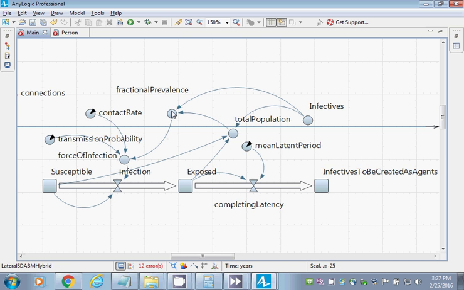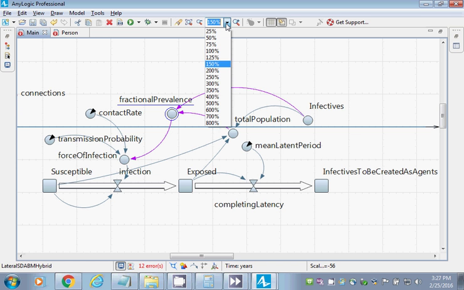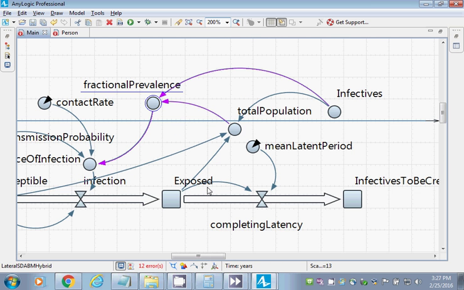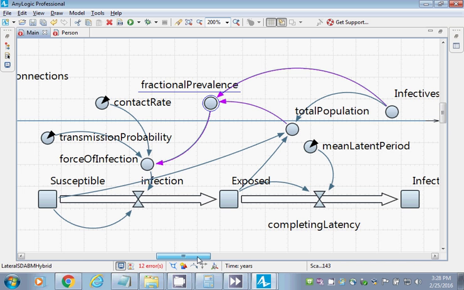This is kind of the bread and butter of how they build the model. And again, the links indicate dependencies. So we're going to put in formulas for each of these based on the links.